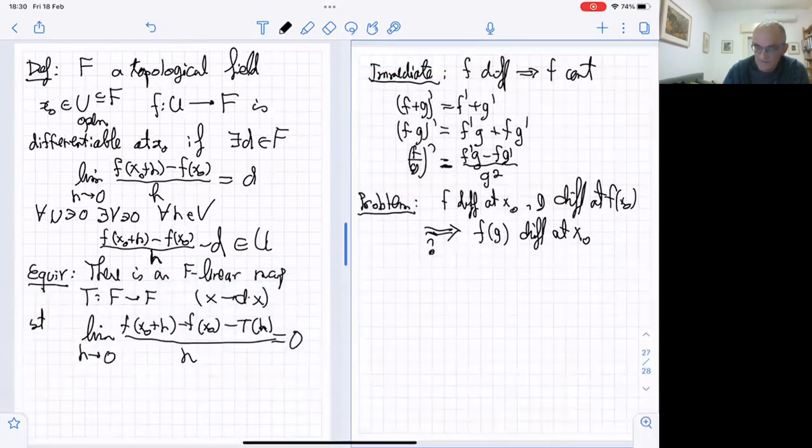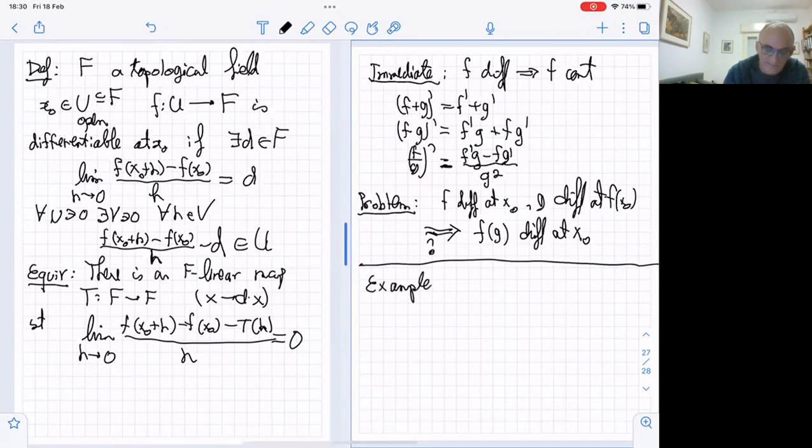Okay, all right. And now let me again do examples, right? The basic examples are just very formal. If you have any field, every polynomial in F[x] is differentiable in a topological field, and its derivative is just the formal derivative.